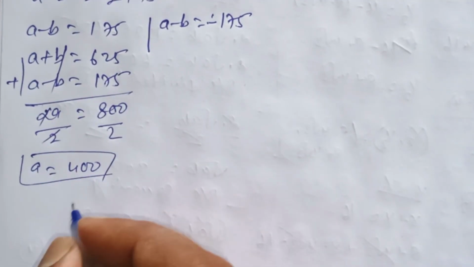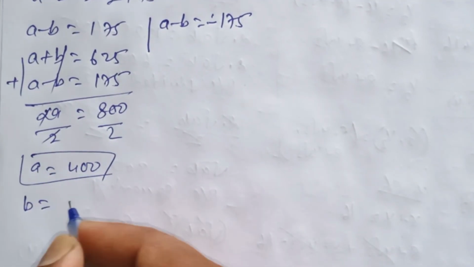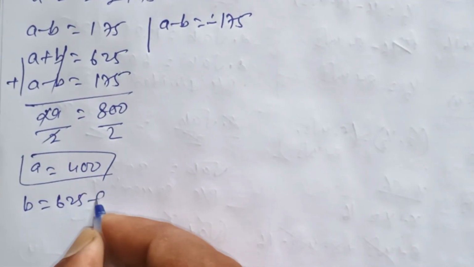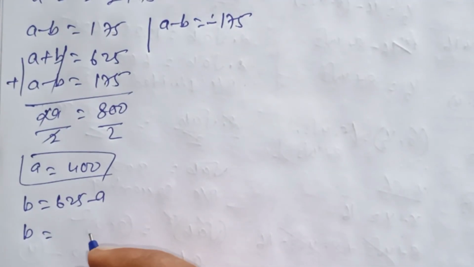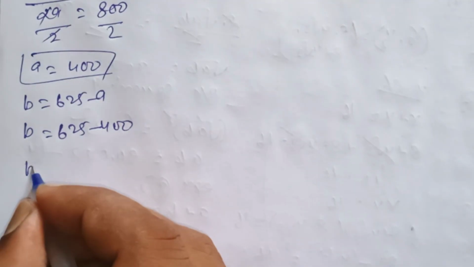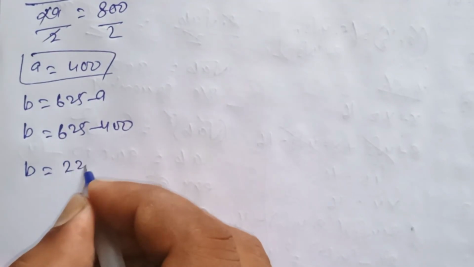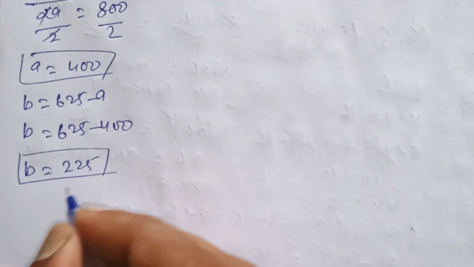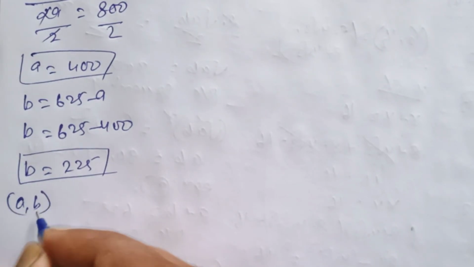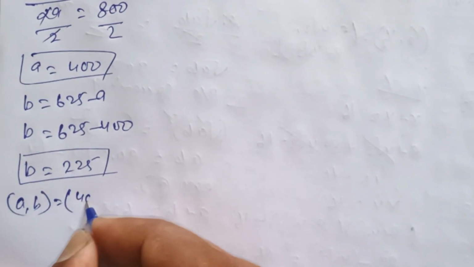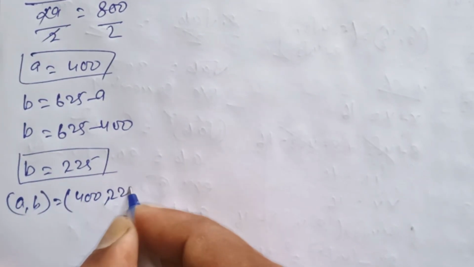The b value is 625 minus a, so b is 625 minus 400, which is 225. Therefore the a, b values are a is 400 and b is 225.